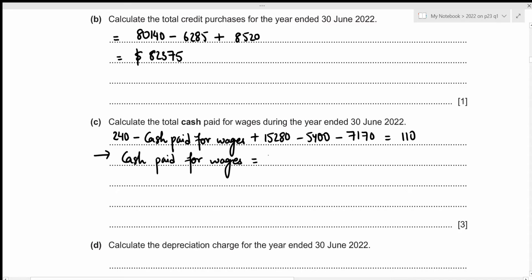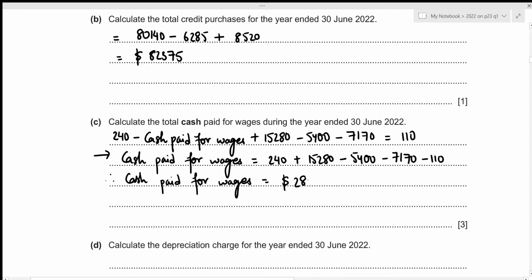That is just going to be 240 plus 15,280 minus 5,400 minus 7,170 minus 110. And this results in our cash paid for wages having the value of 2,840.